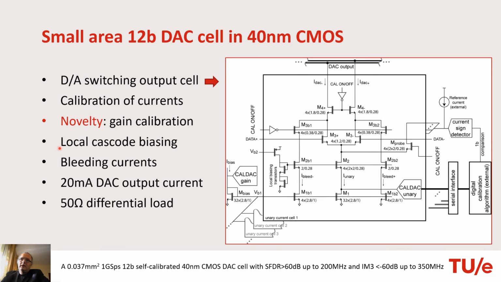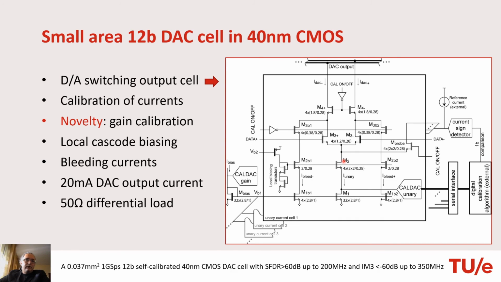Another interesting thing about our architecture is using local cascade for biasing. This is the local cascade, so every cascade here is individually biased. We generate at one place in the chip the biasing currents, and then locally, only locally, we translate this into a bias voltage for the current cascades.